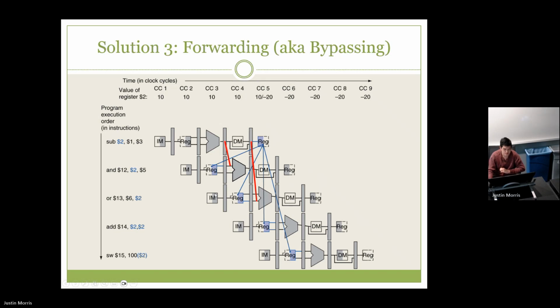And then I still have this dependency for the OR because I'm not done yet. So again, I'm just going to forward the result from this register to the second operand.